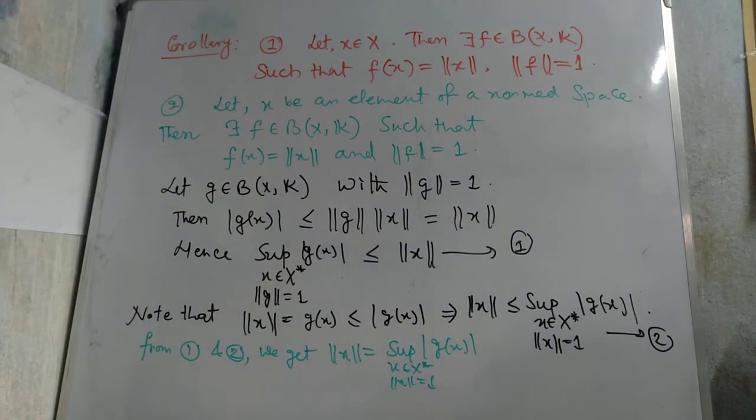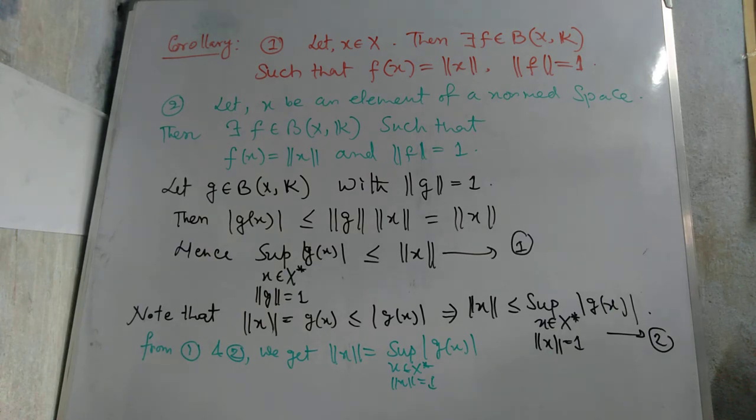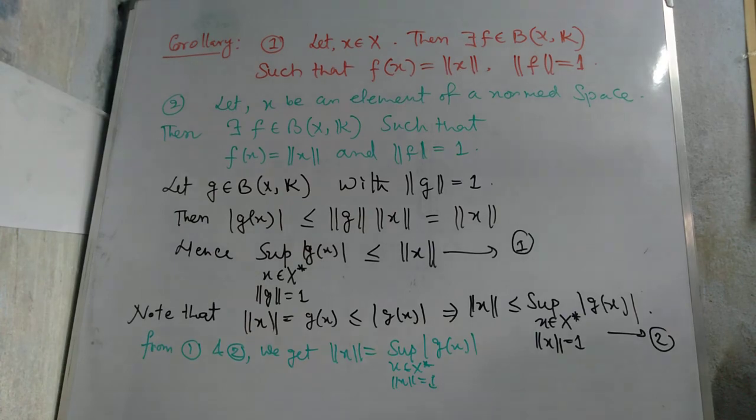Okay, we get this conclusion also. So with this, we wrote these two applications of the Hahn Banach theorem and obviously got some corollaries from them. So today we stop here.